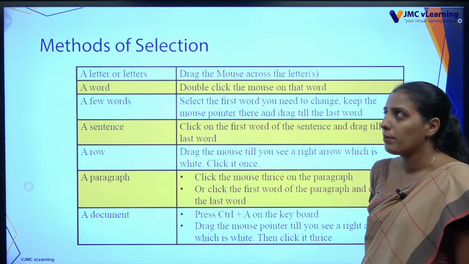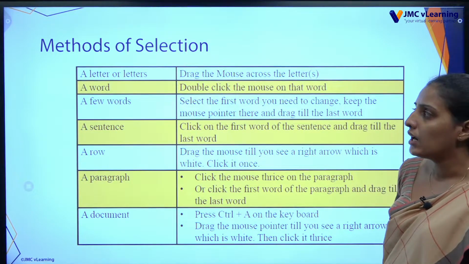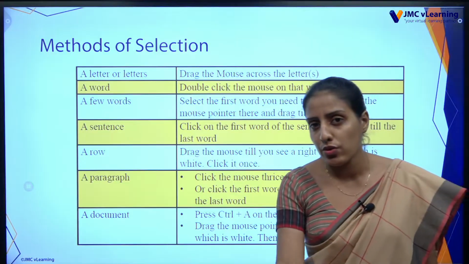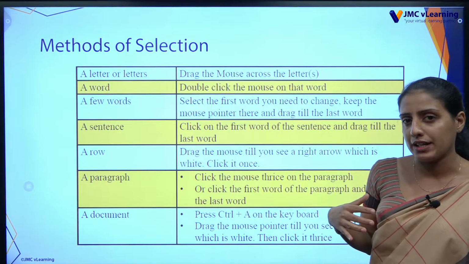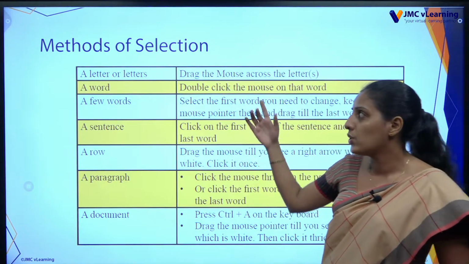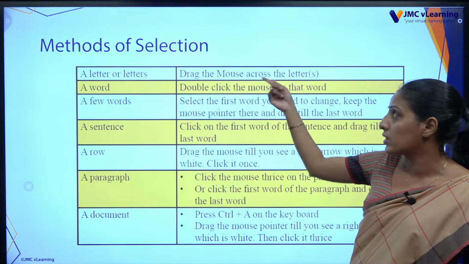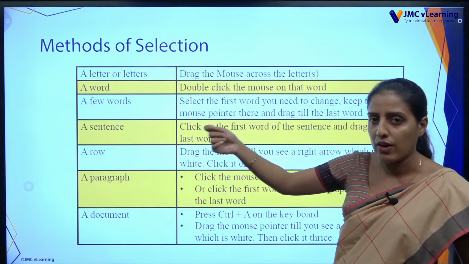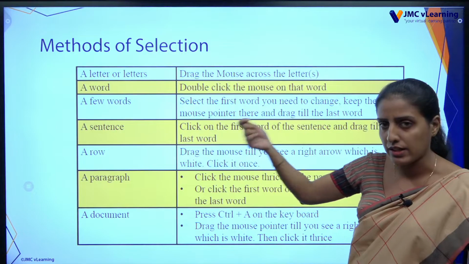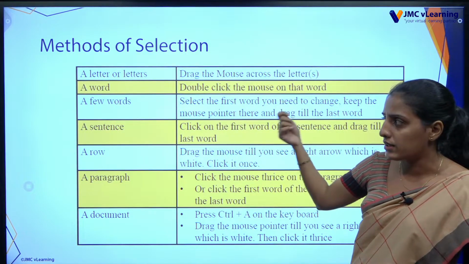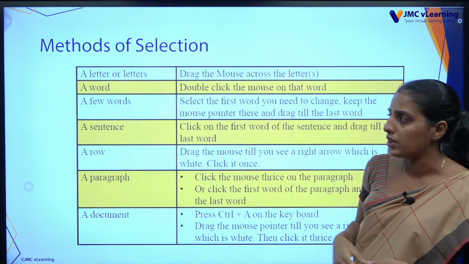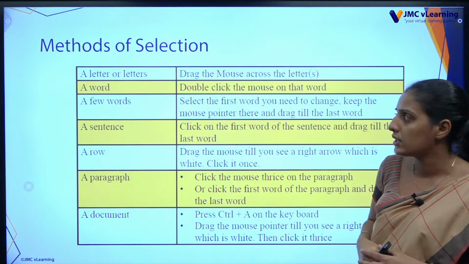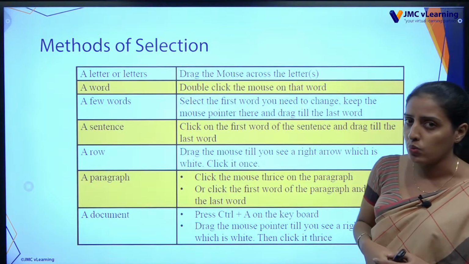Let us see methods of selection. A letter or letters: if you want to select a letter or letters, you have to drag the mouse across the letters, that means you have to highlight them. A word: double click the mouse on that word.